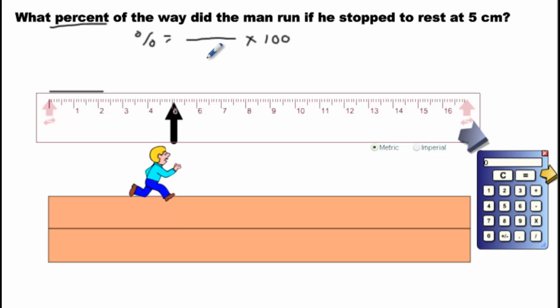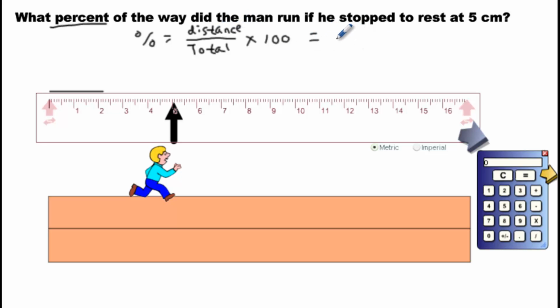So we have to decide what these two numbers are. The total always goes on the bottom. Every single time. The top number is whatever information you are given. So the distance. We are dealing with a distance. How far he went compared to the total. He went 5 centimeters. So let's rewrite this out here. So this is like his distance. Let's get our formula ready first.